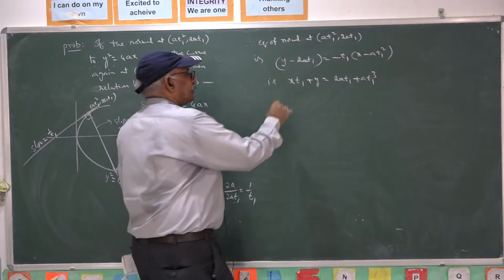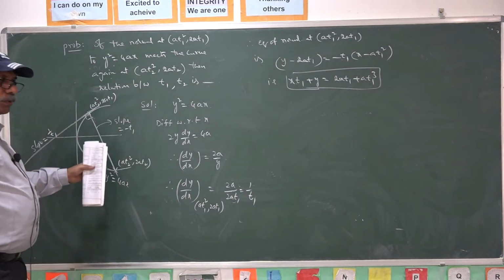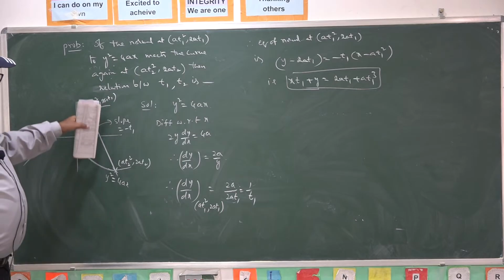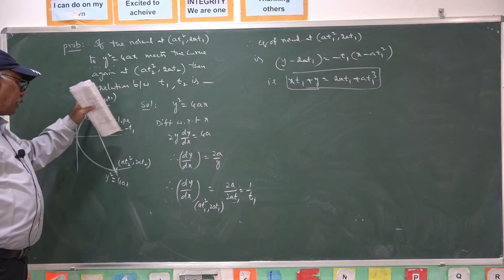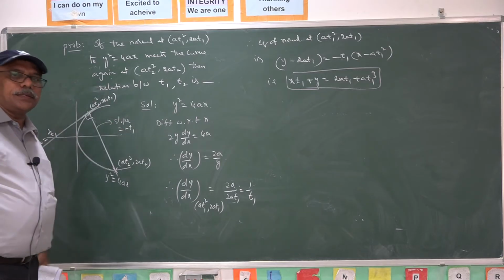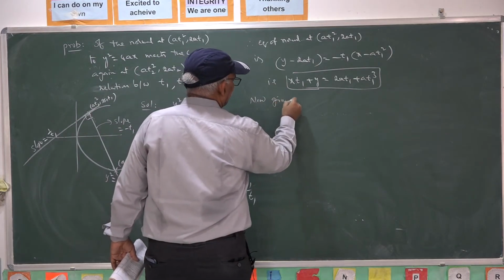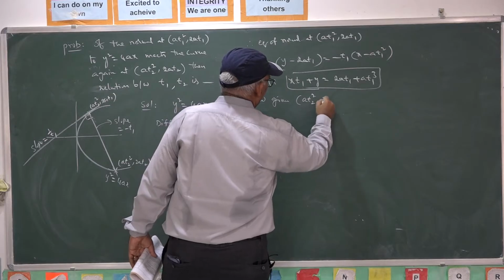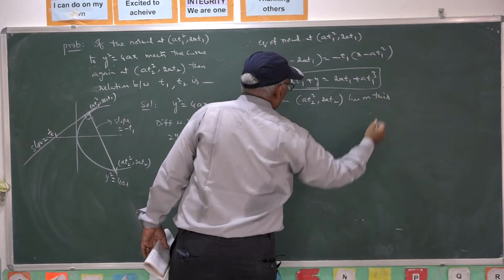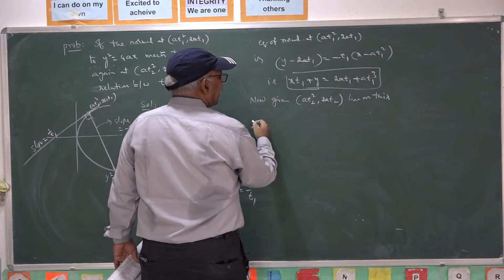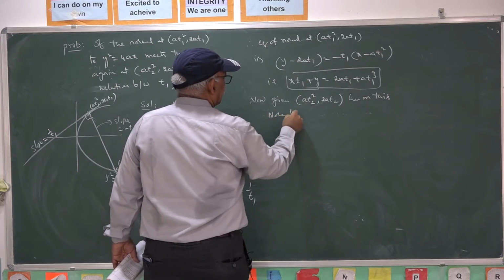This is the equation of the normal to the parabola. This normal should pass through this point because this point clearly lies on the curve. It meets the curve at that point. So now, a t2 square comma 2a t2 lies on the curve as well as on this normal.